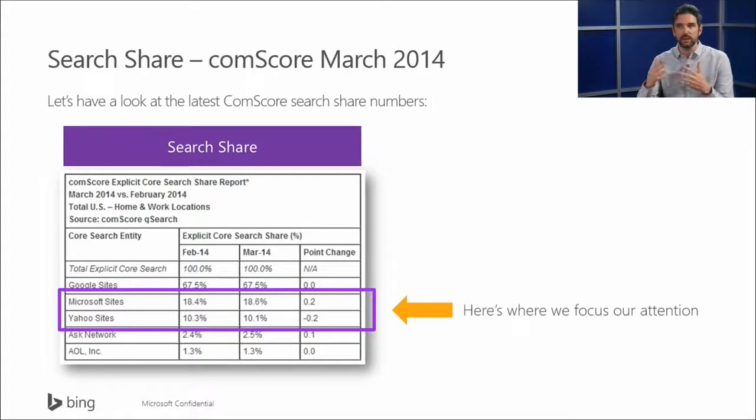And so a lot of times we're focused on performance numbers from comScore and sites like this that aggregate search share. As you can see here, we're focusing our attention on this combined number because that's where we're able to ensure that we are showing really strong search engine results. It's a significant source of traffic. The Search Alliance has really helped to combine the effort here, and it really is a growing market share.